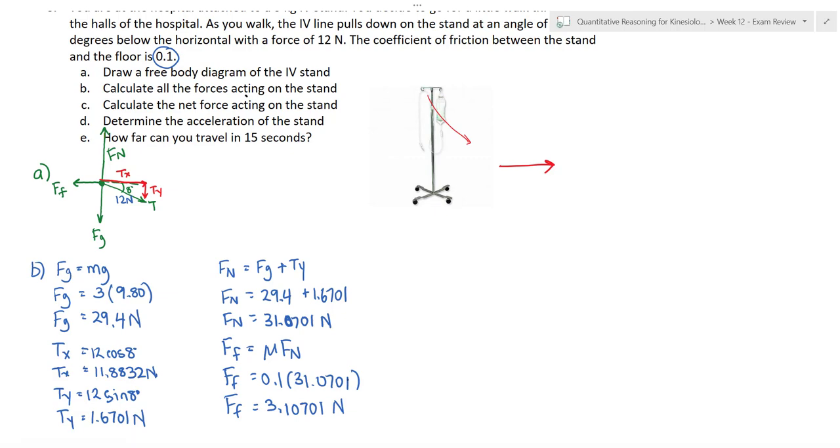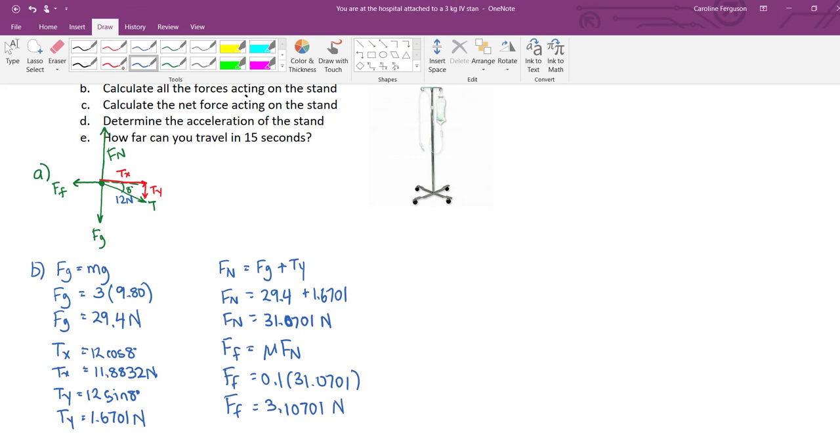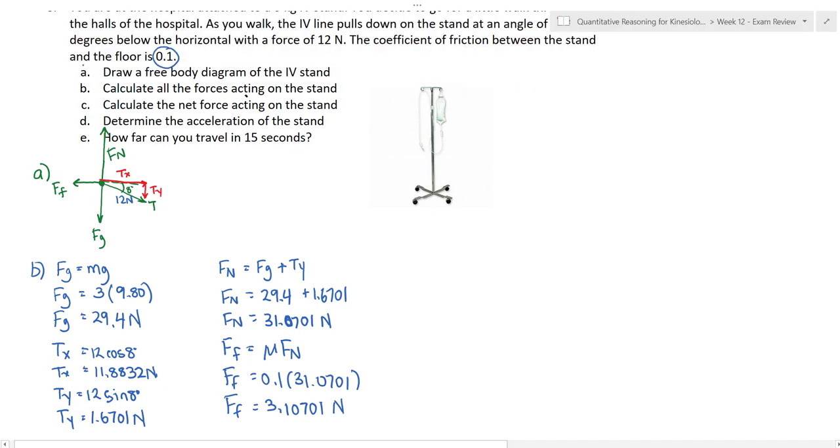Next, we can move on to part C, which is asking us to calculate the net force acting on the stand. We know that in the y direction, the net force is 0 because the normal force cancels out with the force of gravity and Ty. So we're going to find the net force in the x direction. I'm going to say positive is to the right. What are all the forces acting in the x direction?